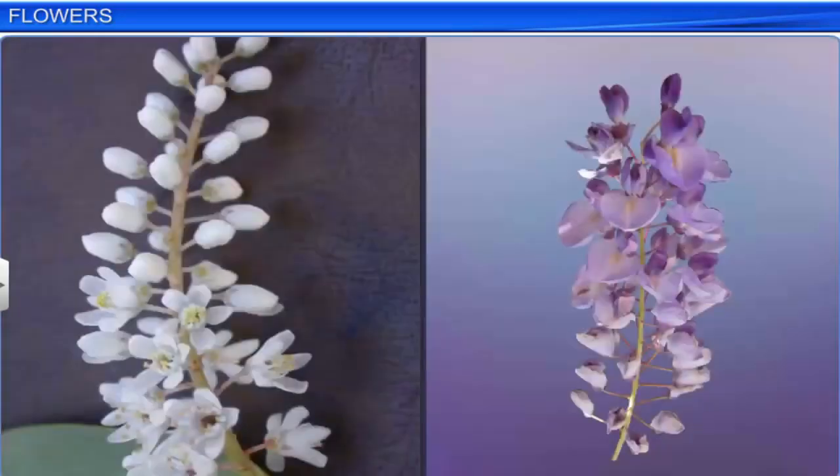The arrangement of flowers on the floral axis is called inflorescence. Depending on whether the apex of the floral axis is converted into a flower or continues to grow, two major types of inflorescences are defined: racemose and cymose.